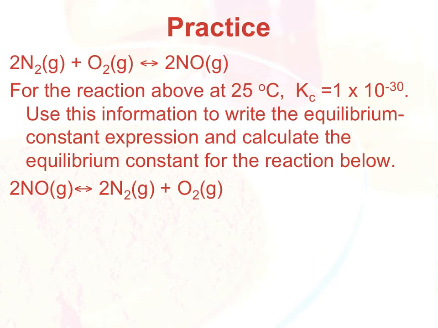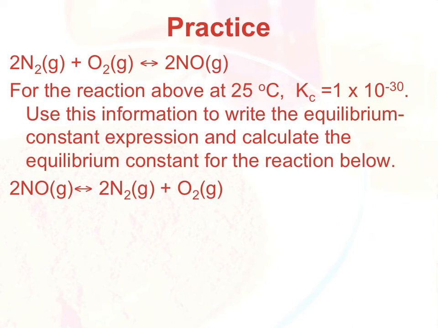So if we look at this problem, we take 2 moles of N2 and O2 to produce 2 moles of NO. For this reaction, when it's carried out at 25 degrees, we get this equilibrium constant. Now we can use this information to write the equilibrium constant expression and to calculate the equilibrium constant for this reaction.